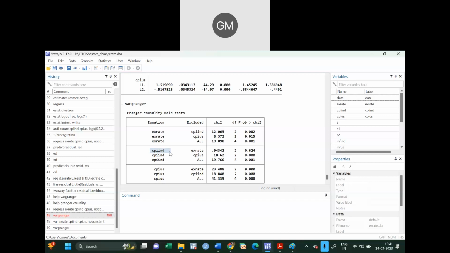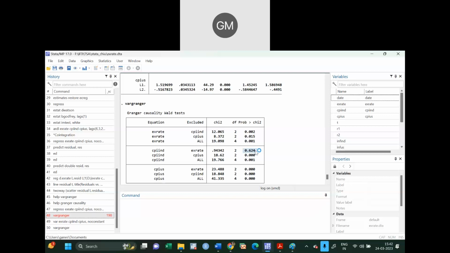However, in the case of CPI India and exchange rate, where you exclude the exchange rate, you are simply looking at the effect of the consumer price index of US on the consumer price index of India, and this is not Granger causing, meaning you do not reject the null of no Granger cause.